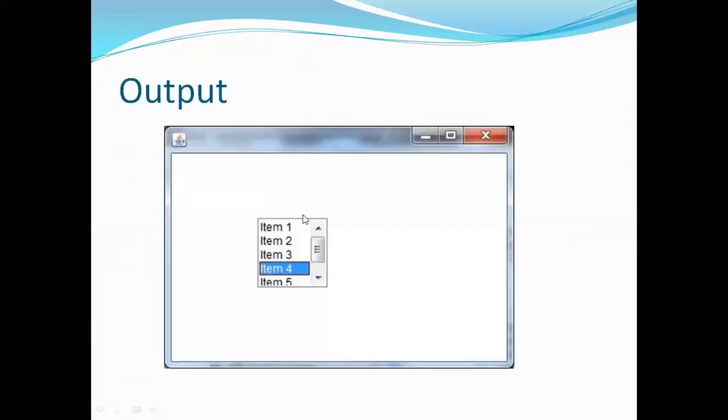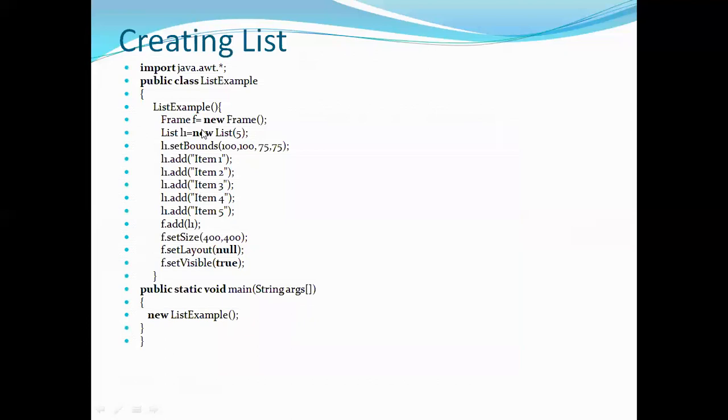Whatever list you have created, it is not actually a drop-down, it's an area where a number of items will be displayed. How many items are displayed depends on the size, so while creating the list itself I am declaring the size. L1 is a list whose size is 5.